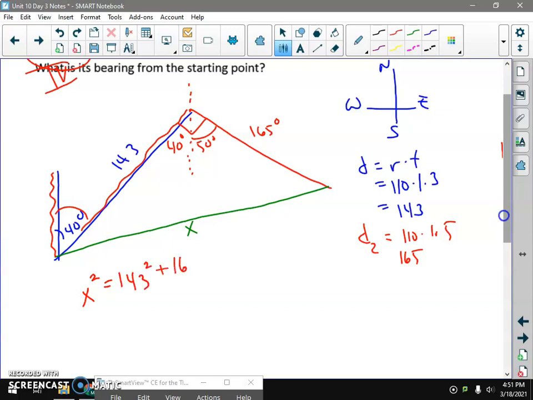143 squared plus 165 squared. And I get something like 218.3 miles to get home.